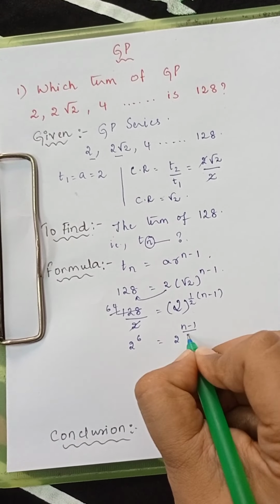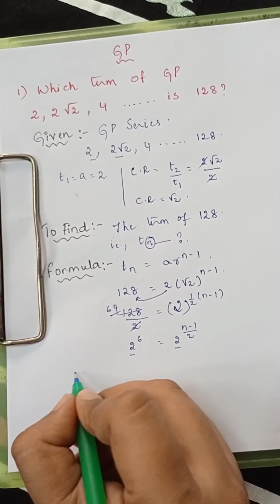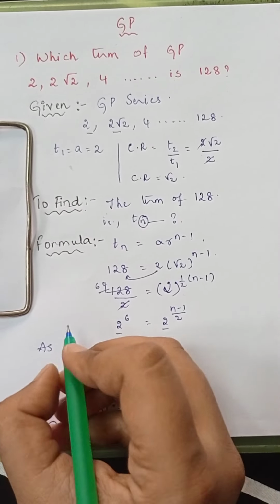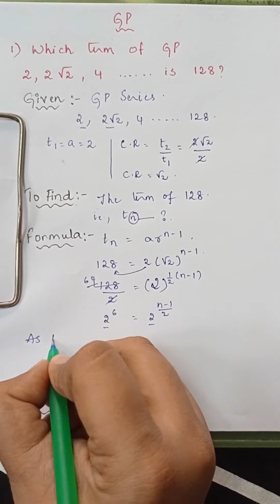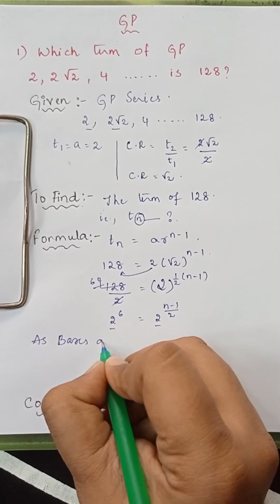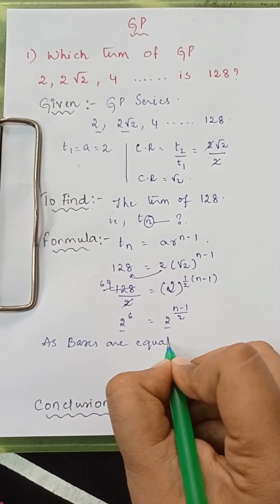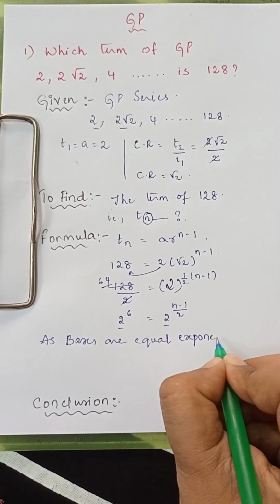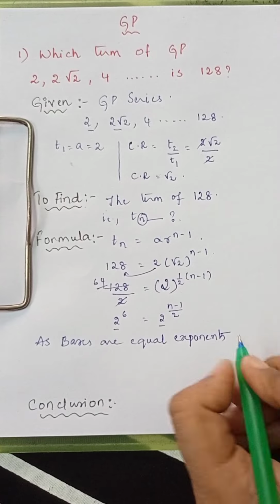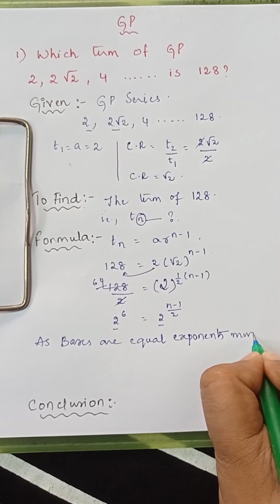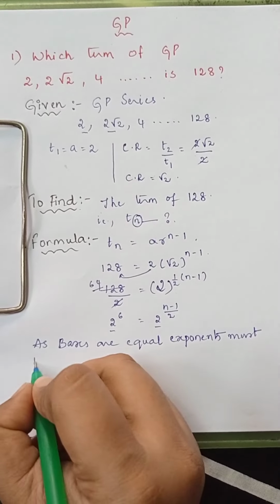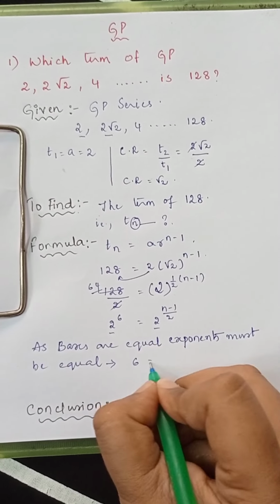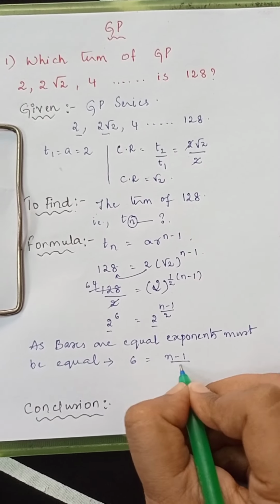Here, 2 power n minus 1 by 2. As bases are equal, exponents must be equal. So 6 is equal to n minus 1 by 2.